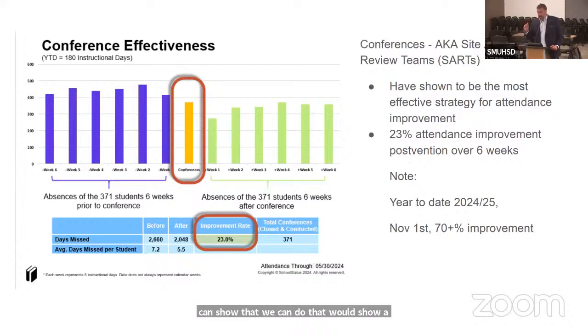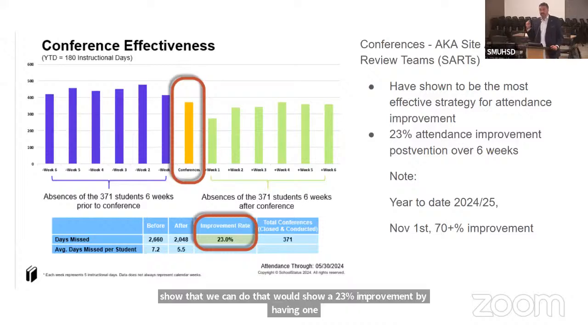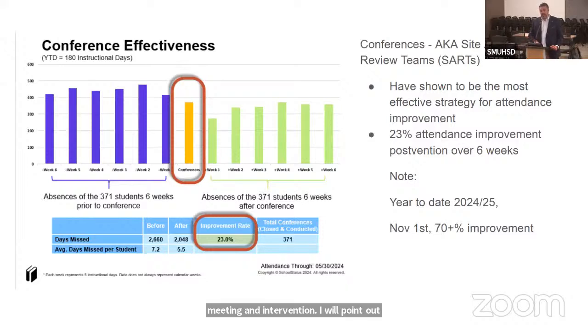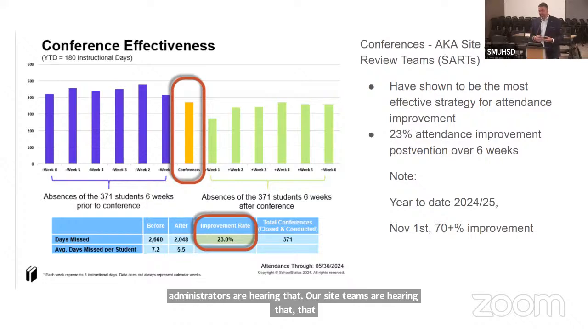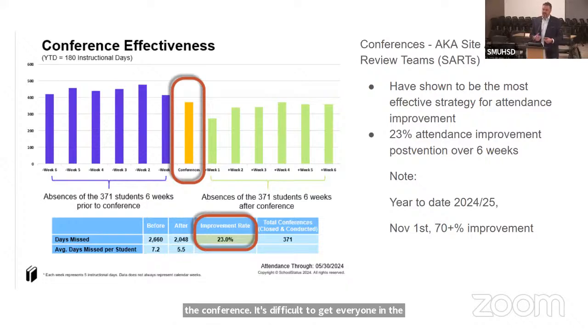So 23%, very few things that we can do would show a 23% improvement by having one meeting and intervention. I will point out that our current up-to-date data for November for this year is showing 79% improvement. And so the conferences are the key. Our administrators are hearing that. Our site teams are hearing that the conference, it's difficult to get everyone in the room, a school psychologist potentially, a family engagement coordinator, a counselor, a wellness counselor, the social workers, the family, all in the room at the same time.